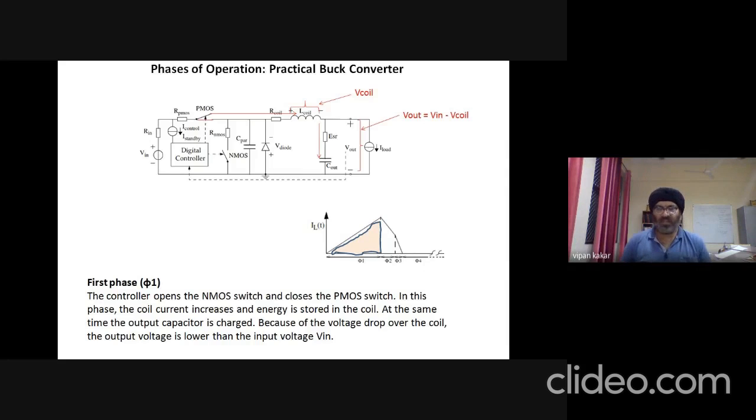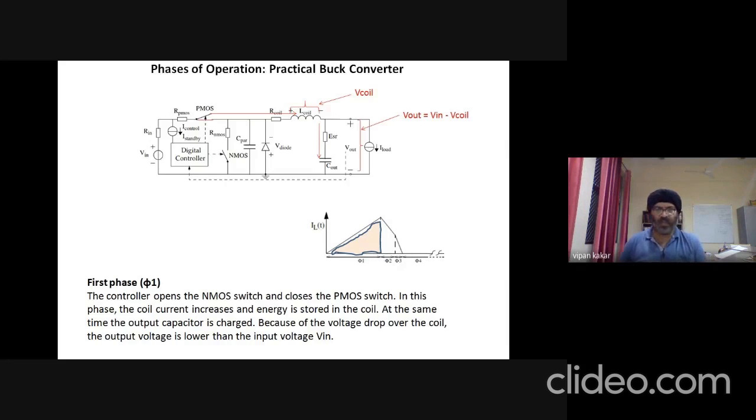But the same concept applies for the continuous current conduction mode. The only thing is that it does not have phase 3 and phase 4 in continuous current conduction mode, which we have already seen in the first case. Only two phases: one during charging and one during discharging. Here we have phase 3 and phase 4.